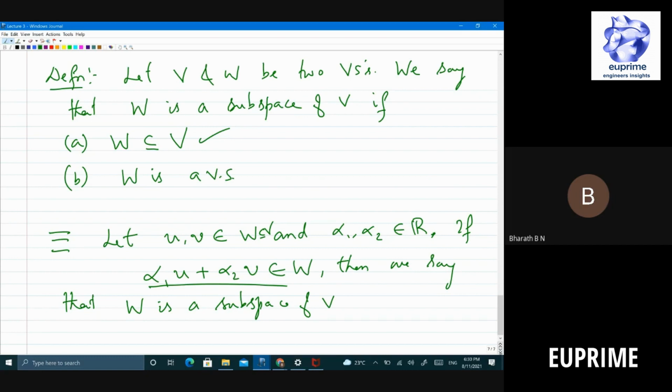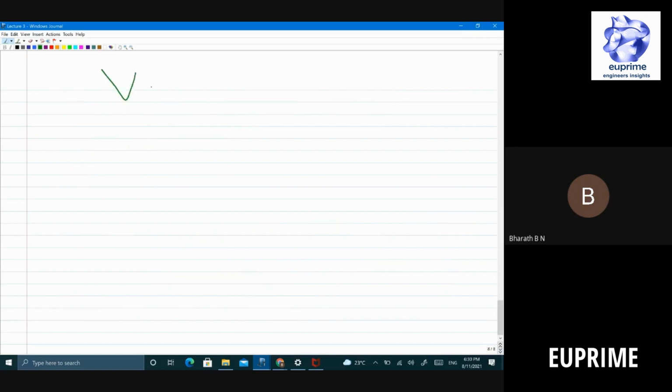No, okay, so let me write it one by one. V is a vector space, okay? Somebody has given me a vector space. Second, W is a subset of V. That's also given. Now you ask the question, is W a vector space?